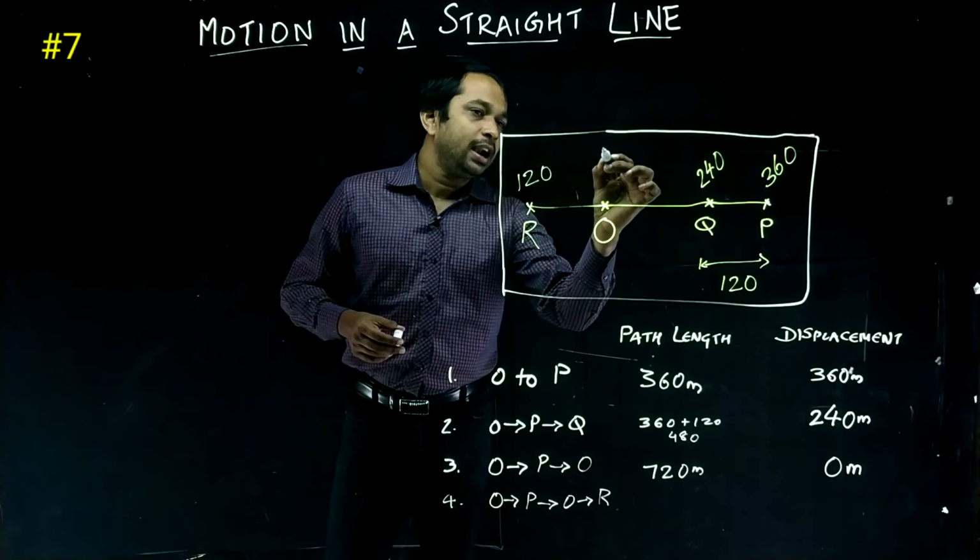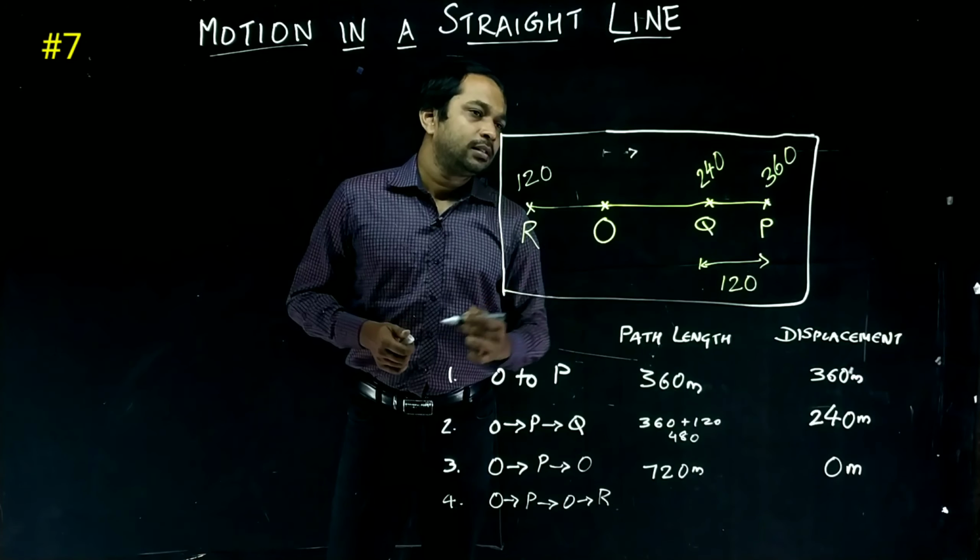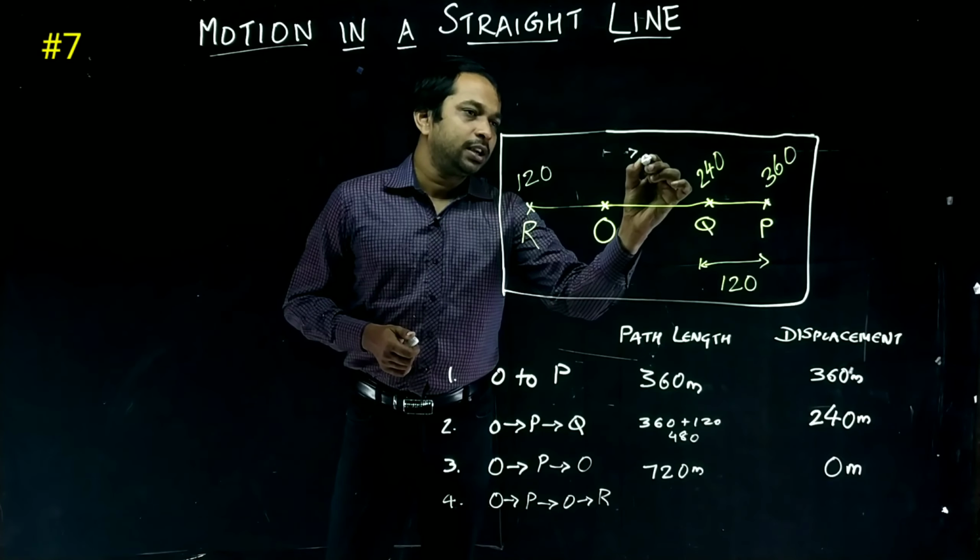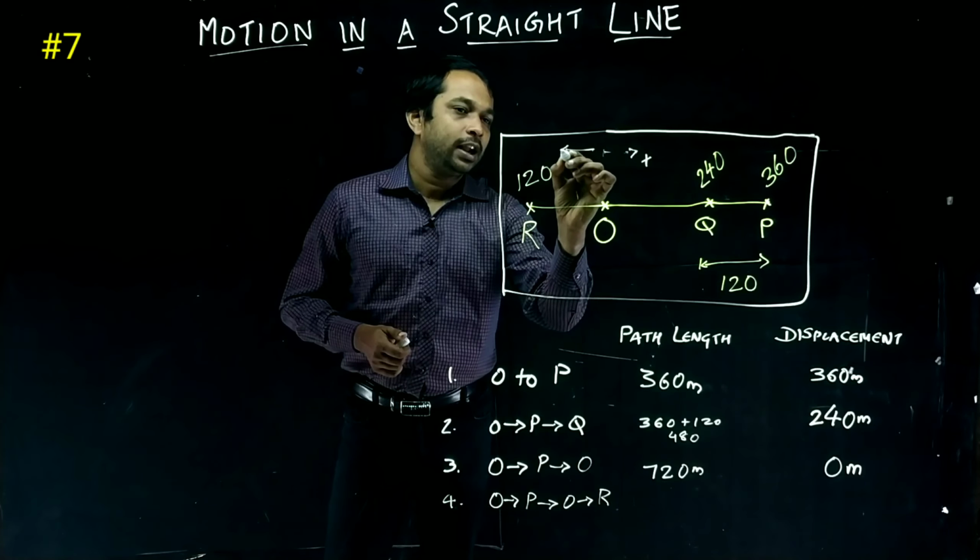So here we are taking this to be the positive and here we are taking this to be the negative. But path length is simply the sum of the distance traveled. So another 120 will be added, by which it will come to 840 meters. But here the displacement will be minus 120 meters.